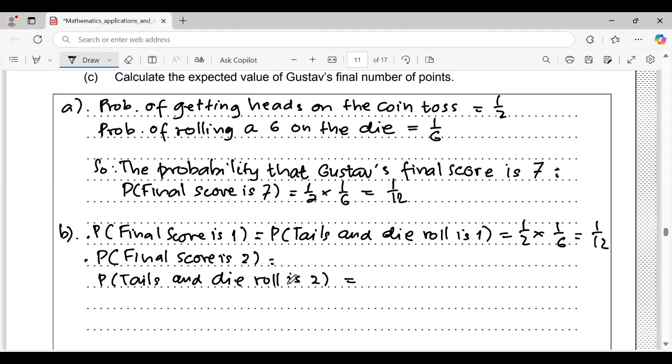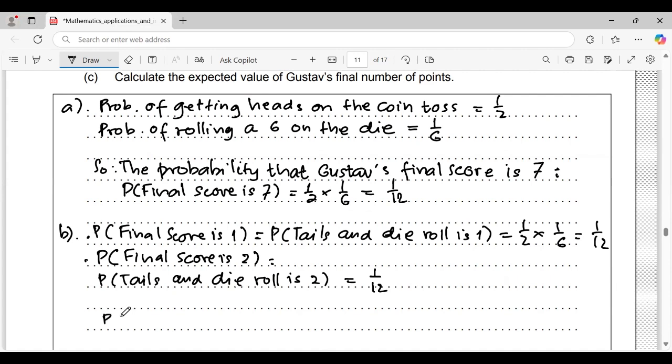And actually, this is the probability of getting a score 2 if the coin shows tails. So the probability is 1 over 12.